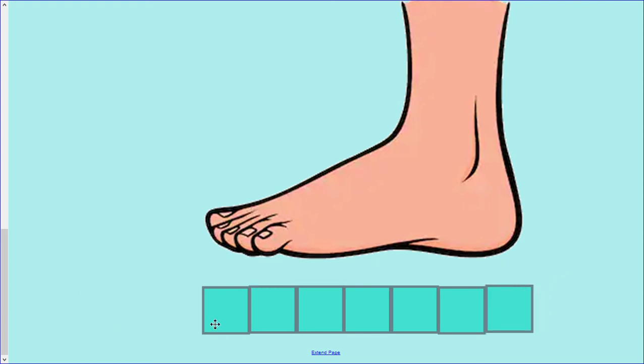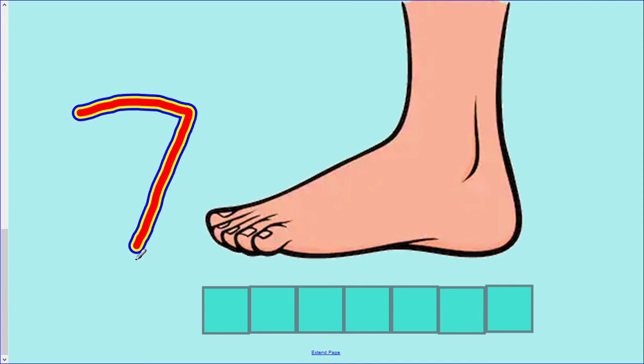About 7. So this foot is about 7 cubes long. Let's write a number 7 across and down.